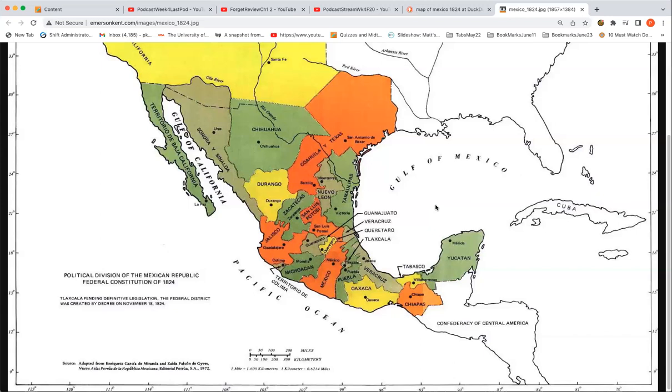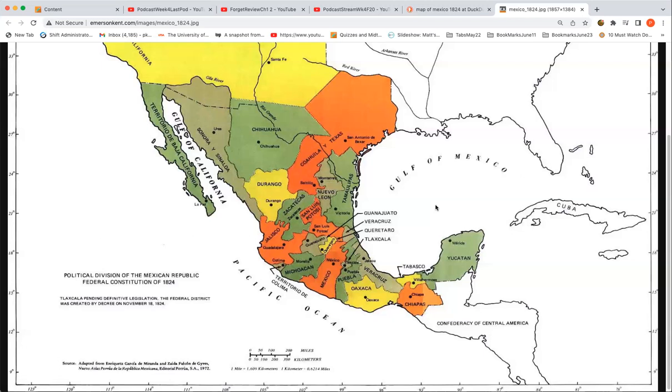So not only are we moving into the Mexican period of Texas history, we're also at the same time, because of the opening of the door to Texas, moving into the Anglo period of Texas history, the cotton period of Texas history, and tied to that very closely is the period when we start to see large numbers of African Americans coming into Texas, mostly as enslaved workers.